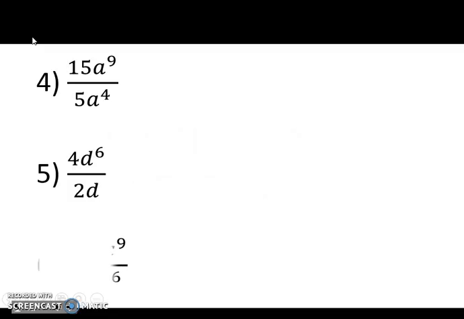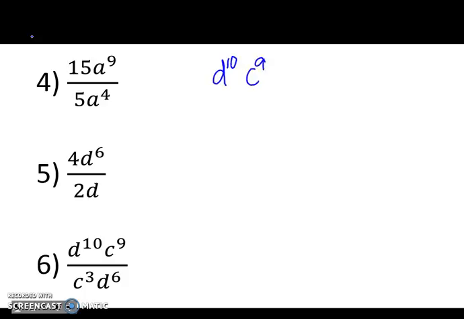All right, let's try one like this. I'm going to rewrite this up here. All right, so my like bases of d, I'm going to take the top exponent minus the bottom exponent.